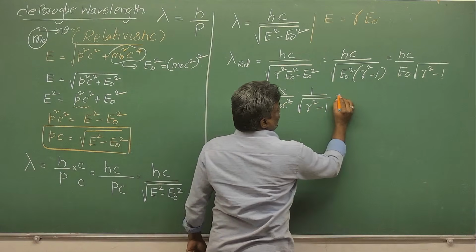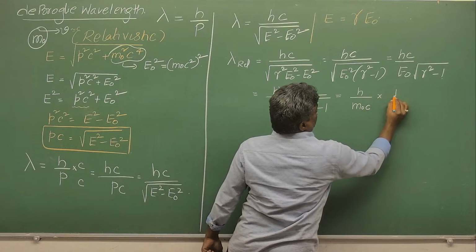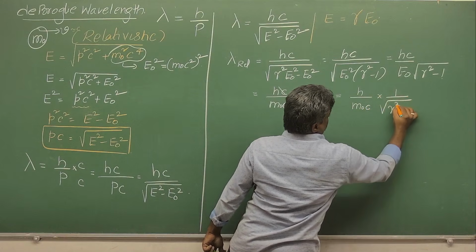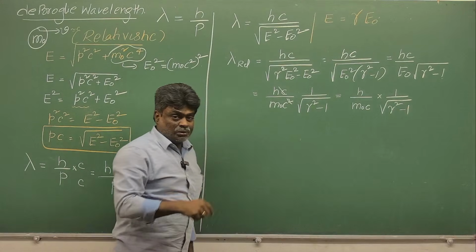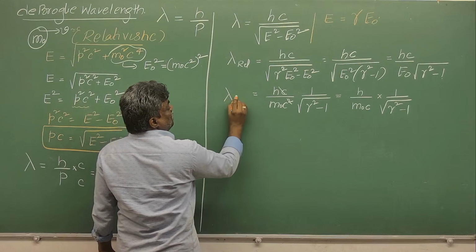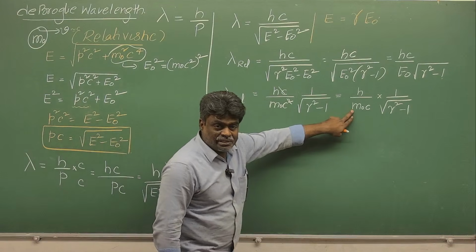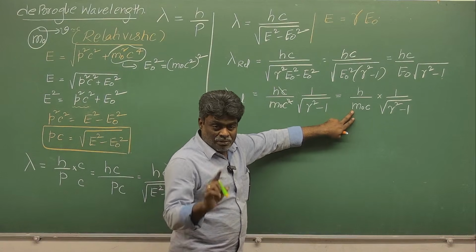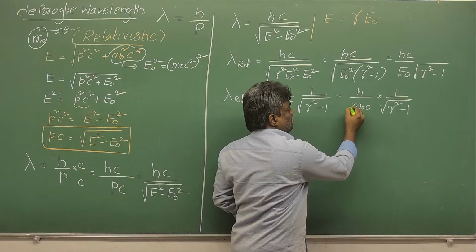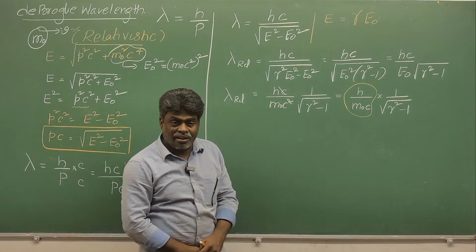Okay, h by m0 c into 1 by the square root of gamma square minus 1. This is your question. The de Broglie wavelength of a relativistic particle equals, you got this. Have you seen this expression anywhere?